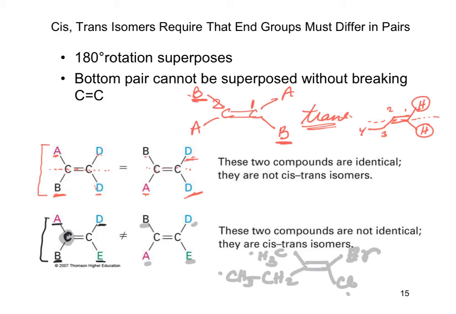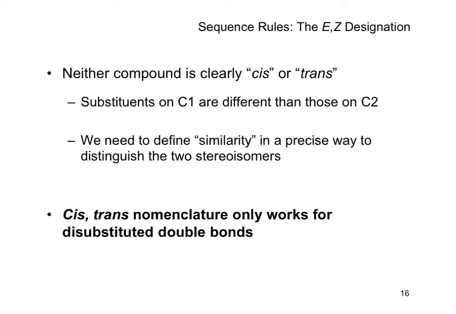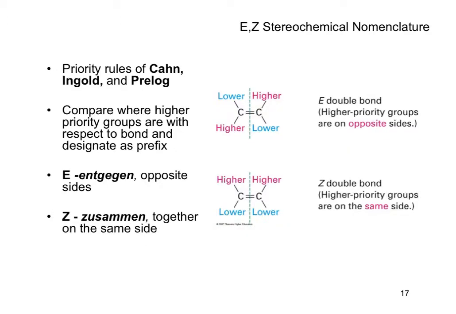You would have used the word tetra-substituted. And such compounds do exist. So there had to be a better method, a more generic method, sort of like a bigger umbrella to put the names together. And so for that reason, like I just described, the cis and trans nomenclature worked only for the di-substituted double bonds. For tri and tetra, we needed more help.